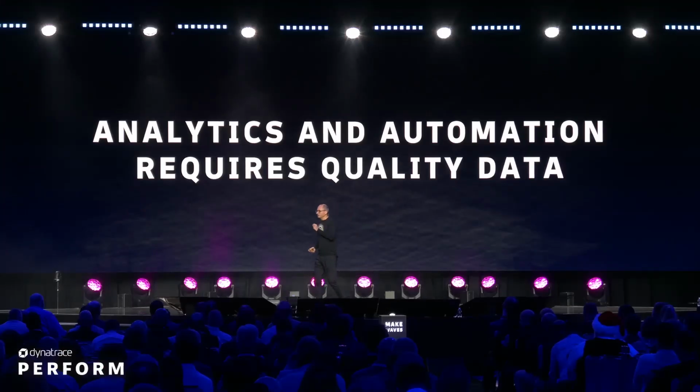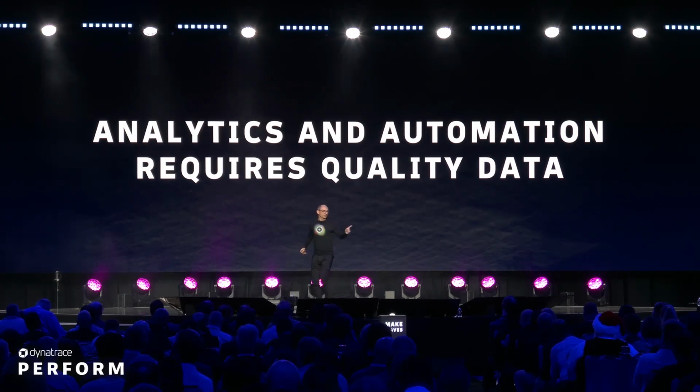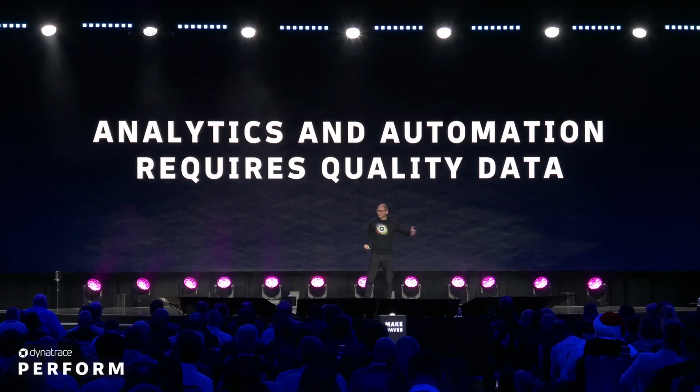Thanks, Andreas. That's awesome. Now, we have so much more data in Grail. We are ready to actually analyze more and automate more. But we forgot maybe one thing. How do we ensure that the data that's in there is actually of high quality? So if you use the OneAgent, the data that's coming from there is automatic, sanitized, clean, so no worries on that end.